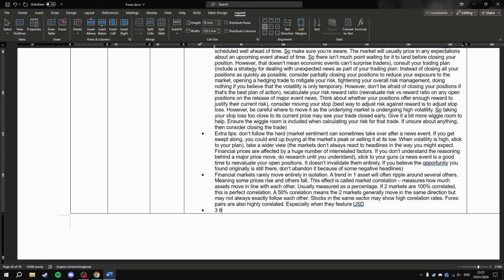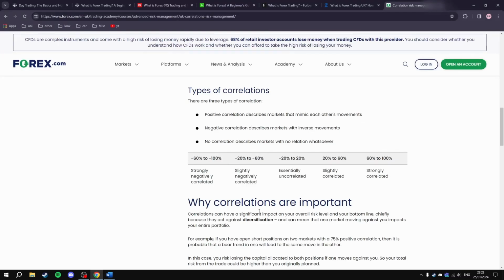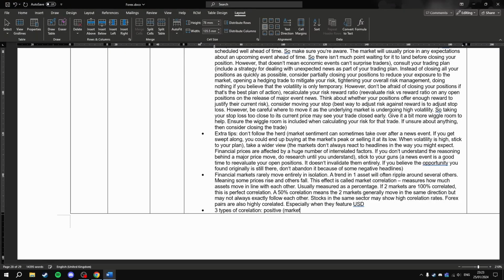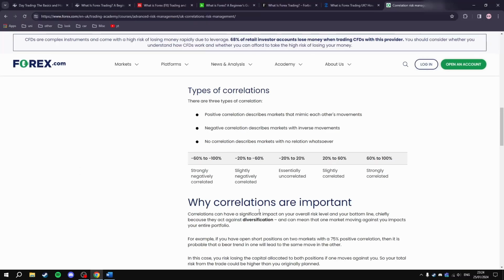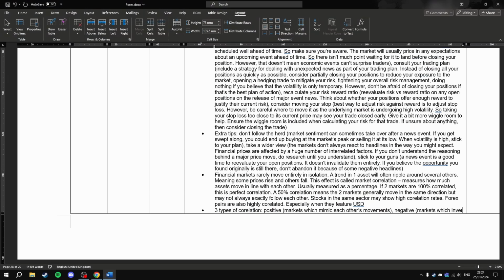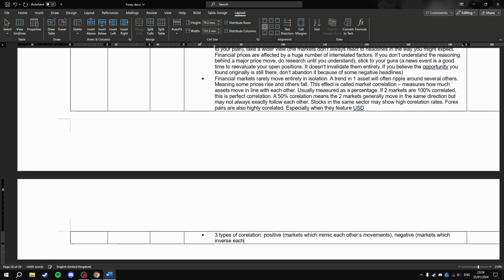So three types of correlation. Positive: markets which mimic each other's movements. Negative: markets which inverse each other's movements.